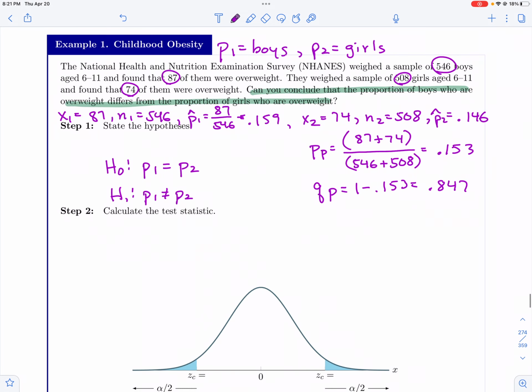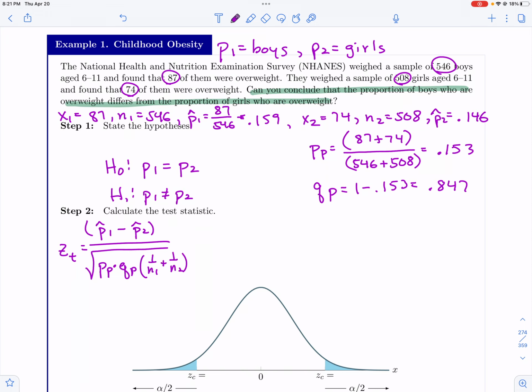So I'm just going to write it up here again to remind us. P1 hat minus P2 hat, divided by the square root of P bar times Q bar, all times 1 over N1 plus 1 over N2.